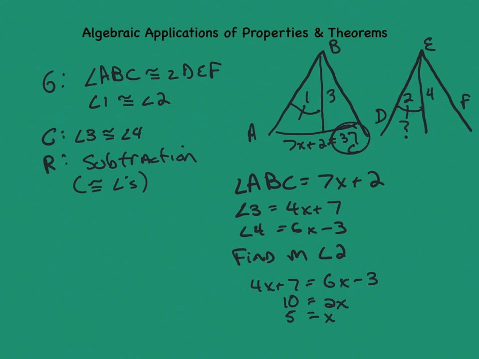So if that entire angle is 37, then we know angle DEF must also be 37. And since angle 4 is going to equal 6x minus 3, that's going to be 27. So it's pretty easy to see that if angle 4 is 27 and angle DEF is 37, the measure of angle 2 is just going to equal 10 degrees.